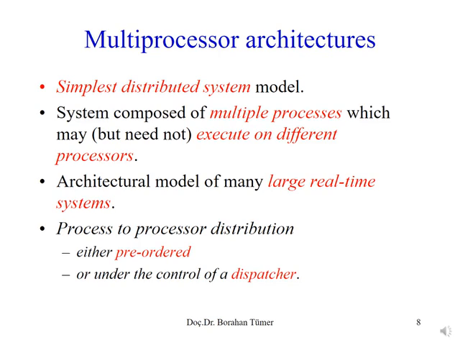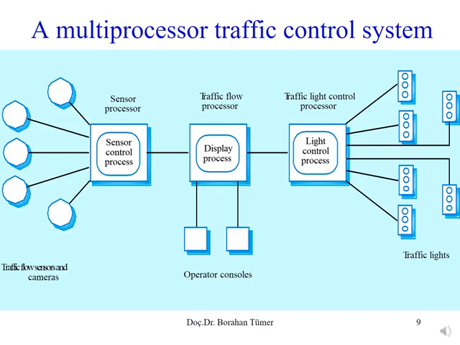you have seen in the previous chapter when we studied the computer-controlled insulin pump. Here you can see an example of multiprocessor systems. This is a traffic control system. There are three processes that make up the distributed software system. At the very left, you can see traffic flow sensors and cameras, which serve as input units to the sensor processor.